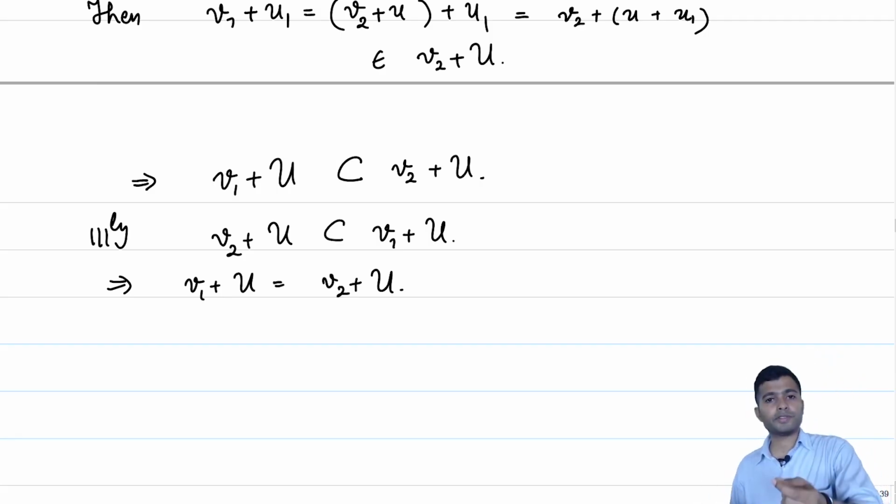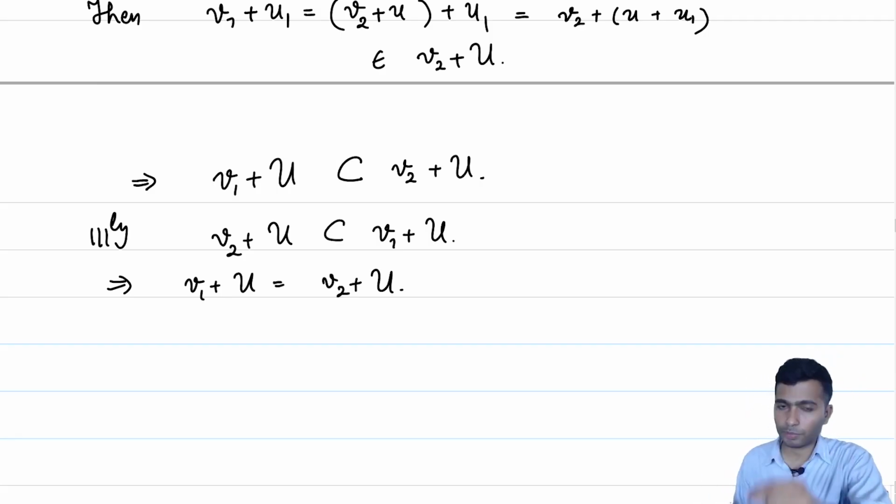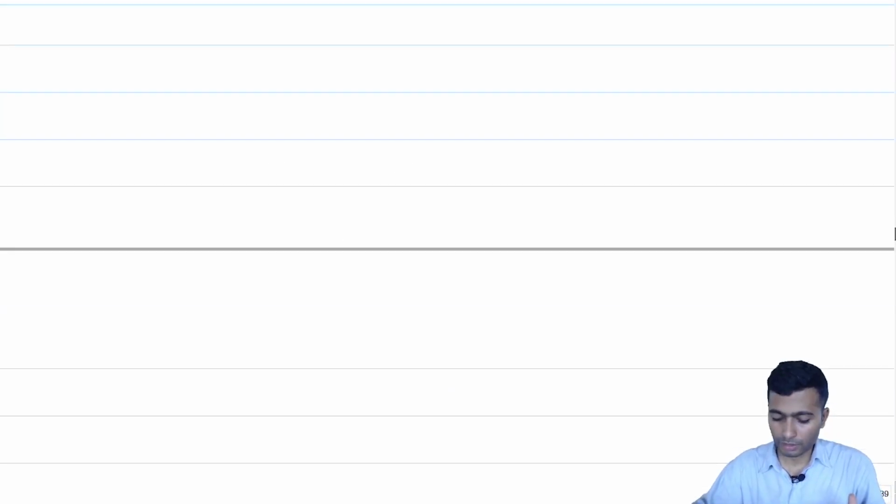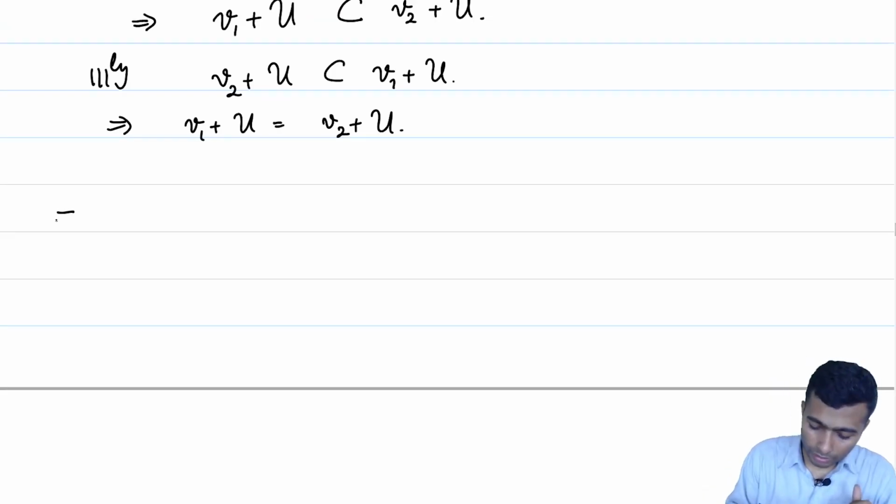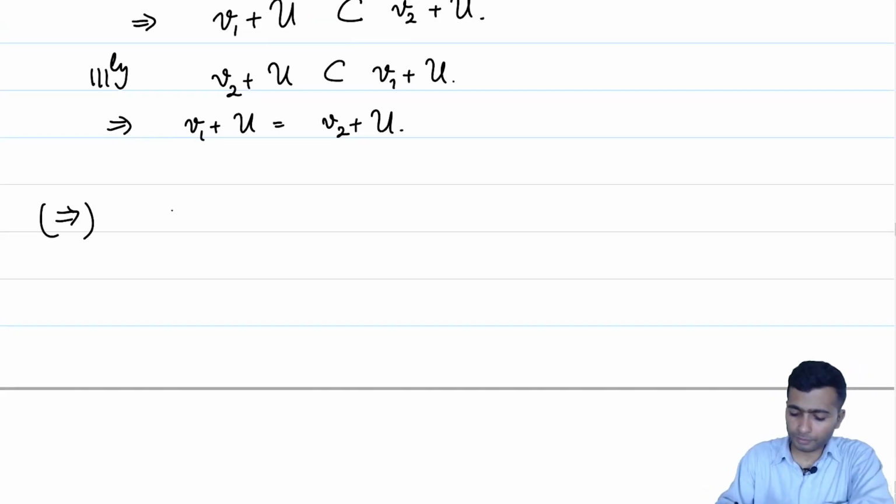So if V1 minus V2 is an element of the subspace U, then the corresponding affine subsets, also called cosets, are the same. Okay, let us now consider the forward direction.